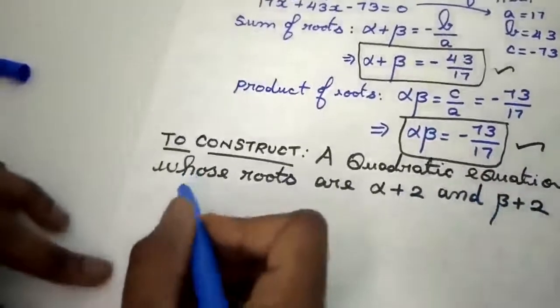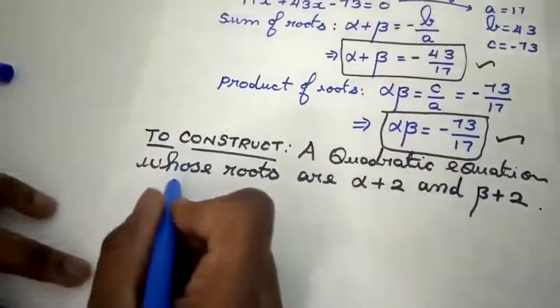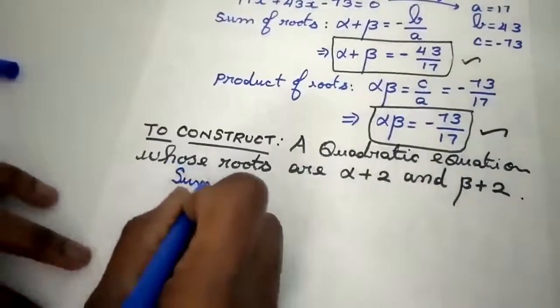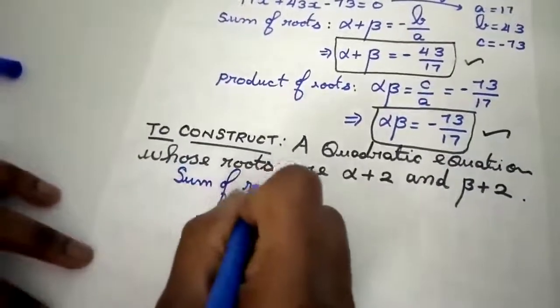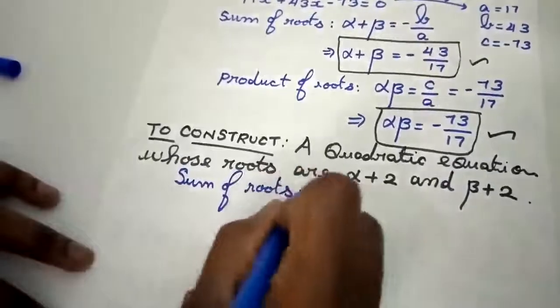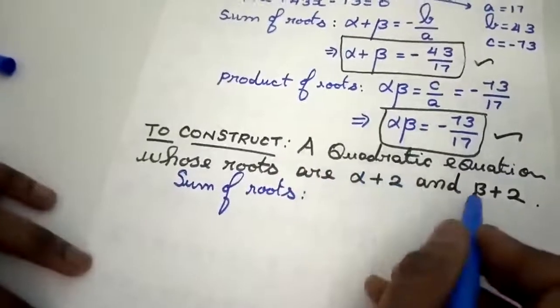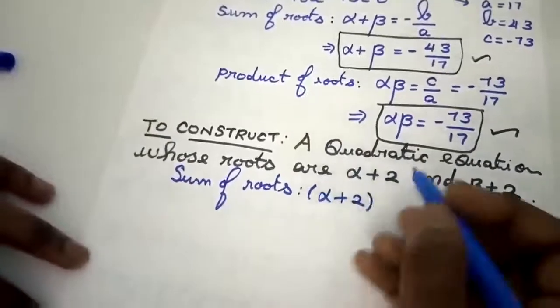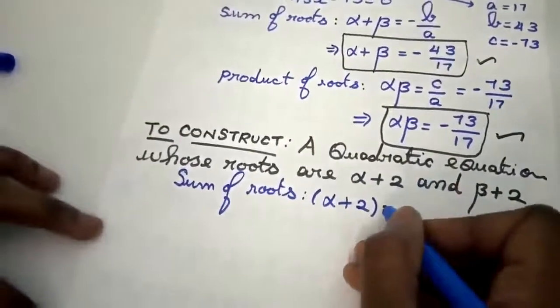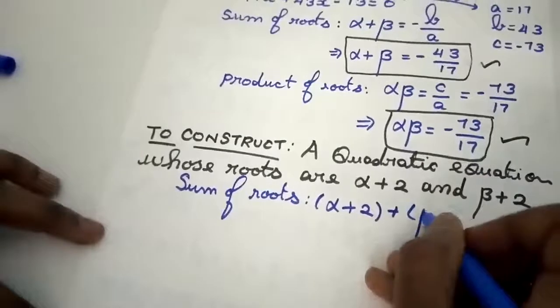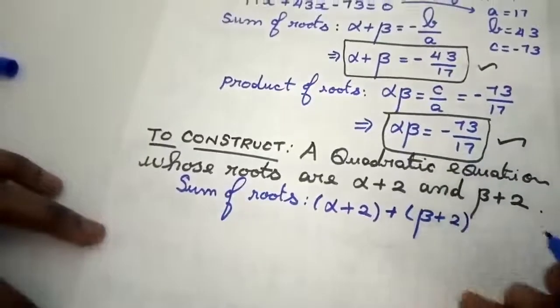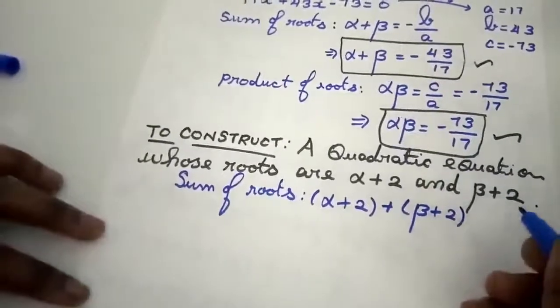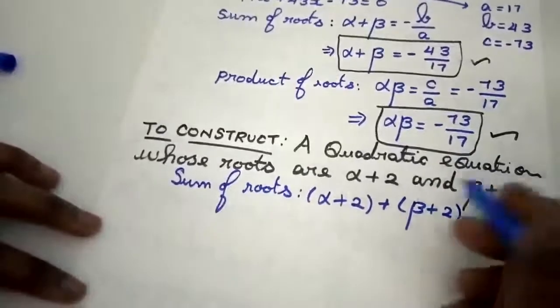Now I am going to find the sum of roots here, students. Sum of roots, two roots I am going to add, that is alpha plus 2 plus beta plus 2. I am not going to write it as minus b by a, we can't apply that concept because I am not having the equation.